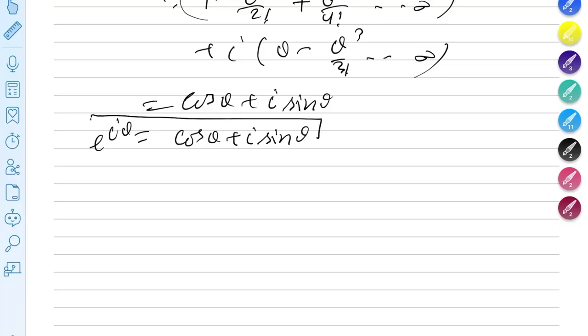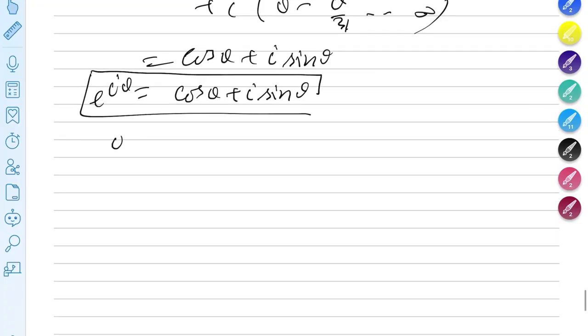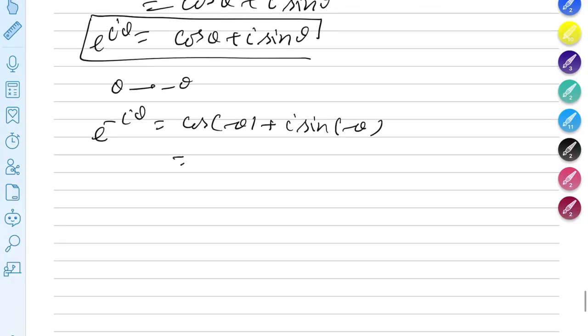Now if I replace theta with minus theta, I will get e to the power minus i theta is cos of minus theta plus i sin of minus theta. Cos is an even function, so we get cos theta, and sin is an odd function, so I will get minus sin theta.